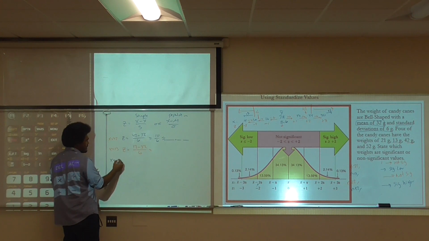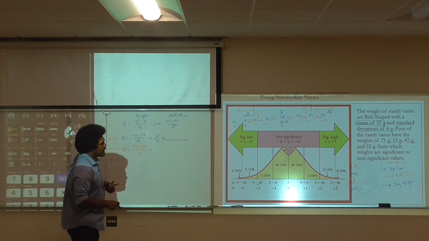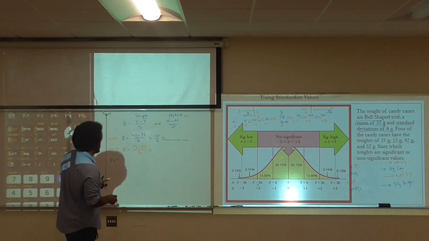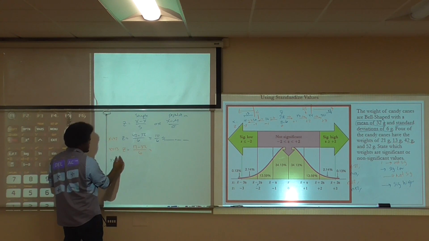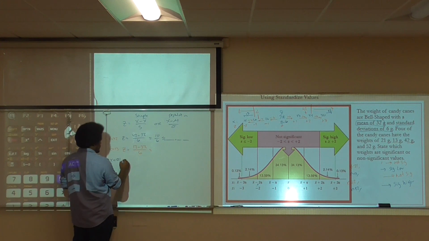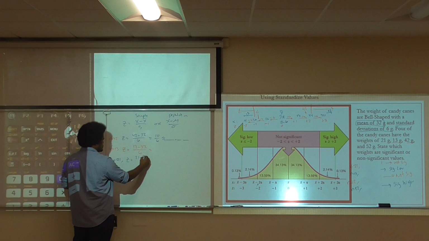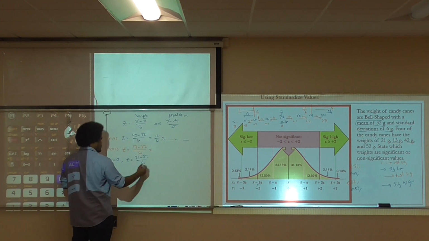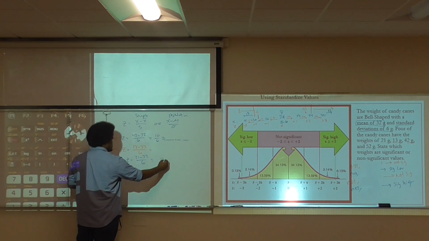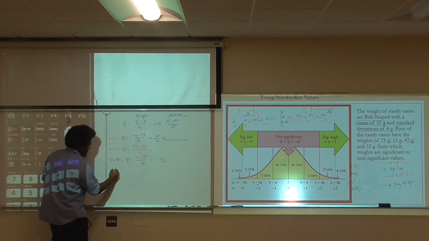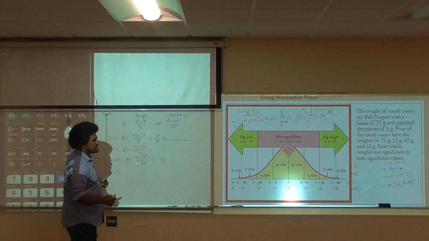For the x equals, the first one was 21. I did the wrong one. 21. I get z is going to equal the same thing: 21 minus 32 all over 6. I'm going to find its approximation. And then lastly, x is going to equal 52.